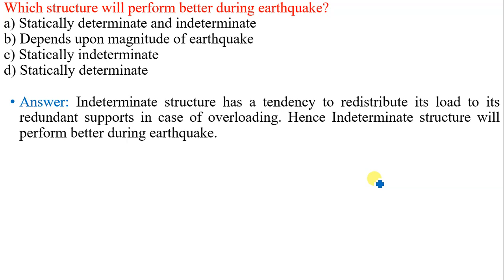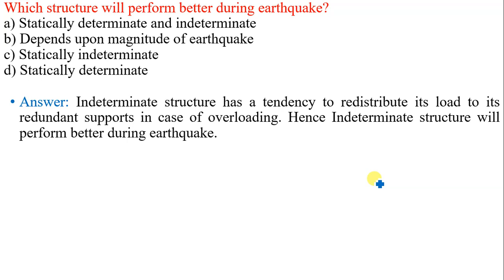Friends, the statically indeterminate structures have a tendency to redistribute their load due to redundant supports in case of overloading. Overloading means when earthquake takes place, additional load is acting on a structure.